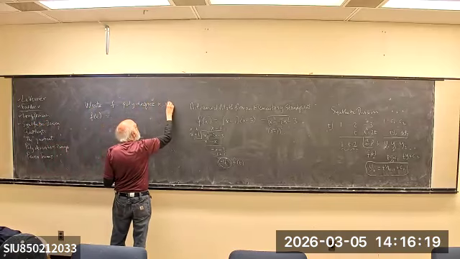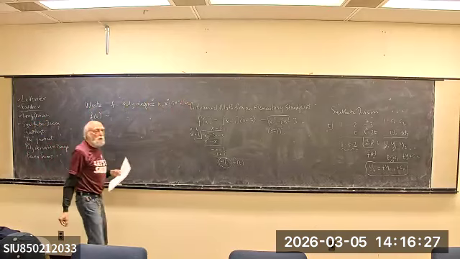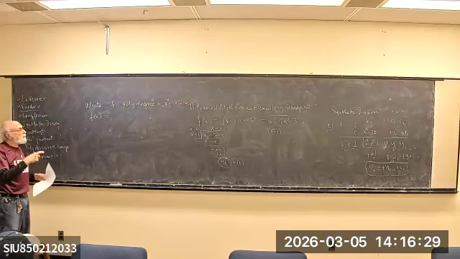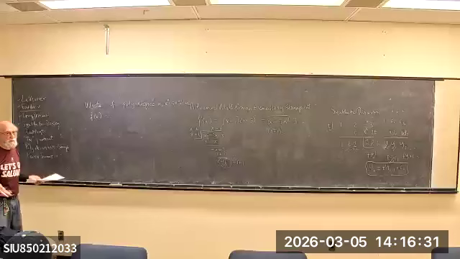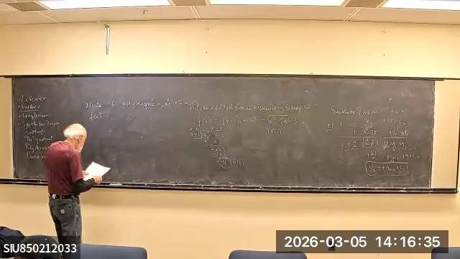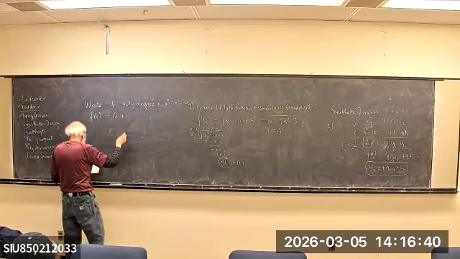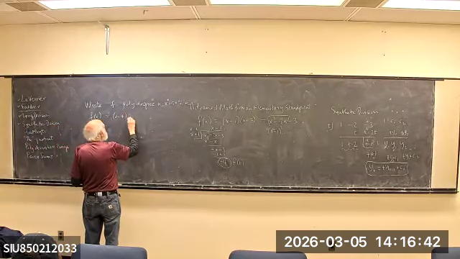It looks like x to the n plus c1 x to the n minus 1 plus and so on, plus cn. The subscript on the c tells you how far down the line you are. I think it's a very handy way of counting. We're going to write this as x minus t times the quotient.